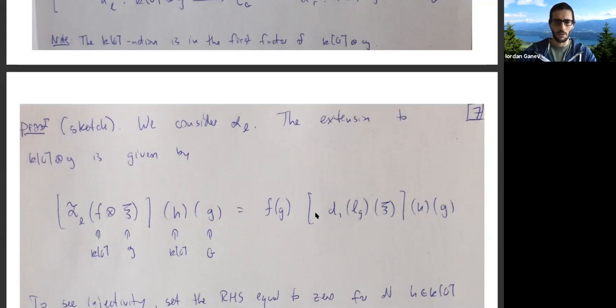we first have, so there's two pieces. This f of G, that's just a scalar, times another scalar. And that other scalar will be the left translation of xi applied to h. Actually, I don't think we need a G here. So that's just the left translation of xi.